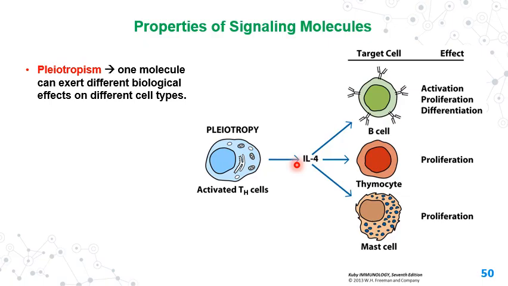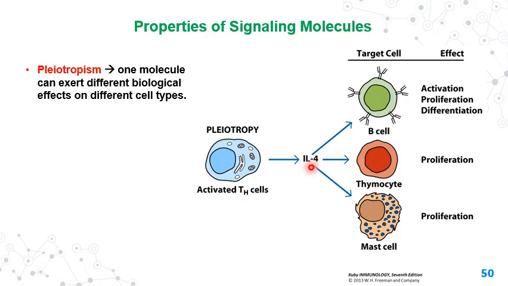Okay, so for example here, this cytokine is interleukin-4. If it goes to a receptor that is present on a B cell, then the B cell is going to interpret the message as something that is telling it to proliferate and to differentiate. Now, if this cytokine hits another type of immune system cell called a thymocyte, which is going to become a T cell, then this first messenger is going to tell the cell to divide.